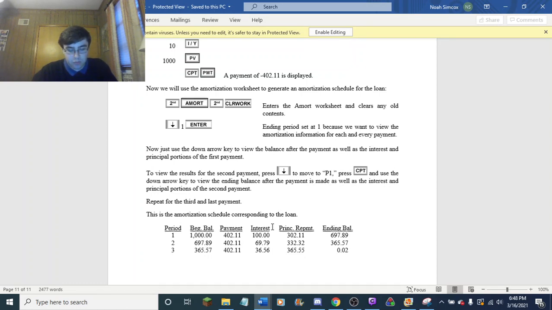Down 1 enter. Yeah, but it is set at 1 already. It's set at 1 already.